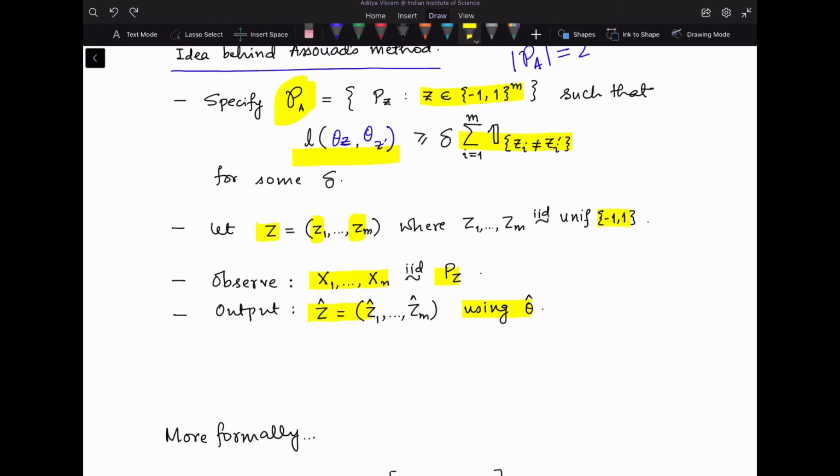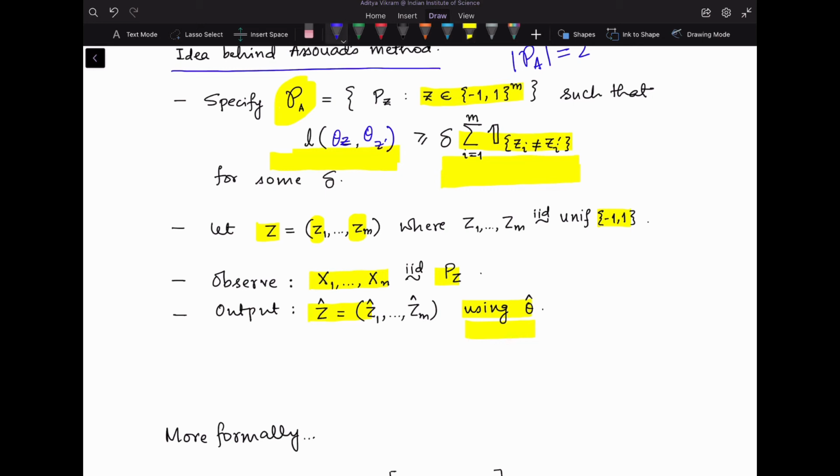Okay, so now the thing is this: if your estimator is good, your z hat would be close to z, right? And this is because of this dependence between the Hamming distance between z and z hat and this loss function. So if your loss is small, your Hamming distance cannot be too big, right? So if the theta hat you output is close to your original hypothesis, then you are sure that your z and z dash agree on many coordinates, right?